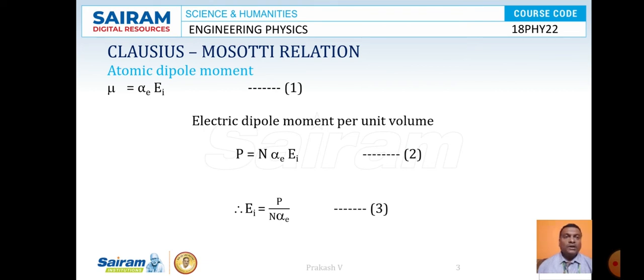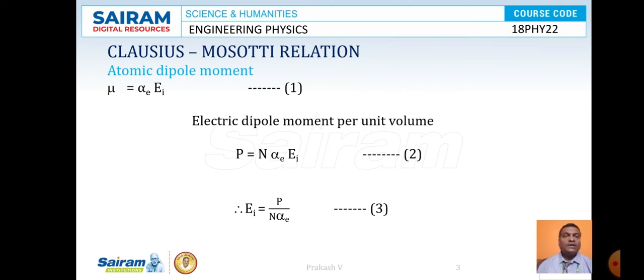And the polarization P is given by N into alpha E into EI, where EI is the internal field, alpha E is the electronic polarizability and N is the number of dielectric atoms per unit volume of the material. Consider this as equation number 2, and therefore the internal field EI is given by P by N alpha E. Consider this as equation number 3.